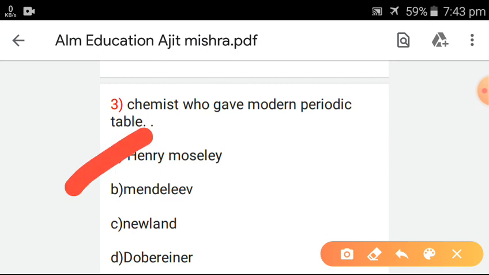The modern periodic table was given by Henry Moseley. In 1913, he classified the elements on the basis of increasing order of their atomic number. In the modern periodic table, there are 18 vertical columns called groups and 7 horizontal rows called periods. Next question.